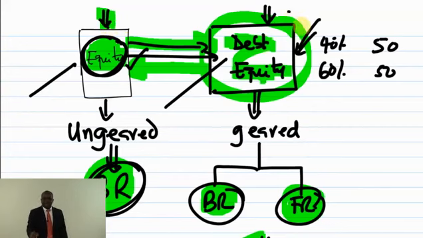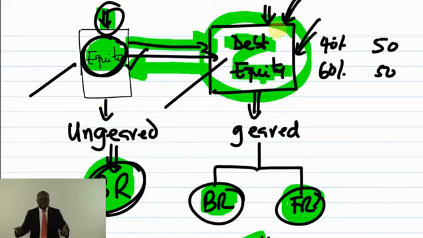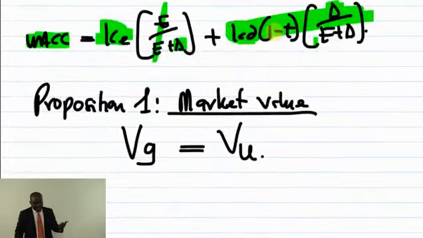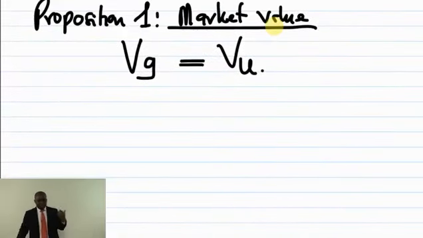Calculate the market value after. If there is no tax, Miller and Modigliani is telling you the market value when you were ungeared will be the same as the market value when you are geared. And nobody is going to tell you, you have to bring it up. So as long as there is no tax, the market value of the geared company will be the same as the market value of the ungeared.